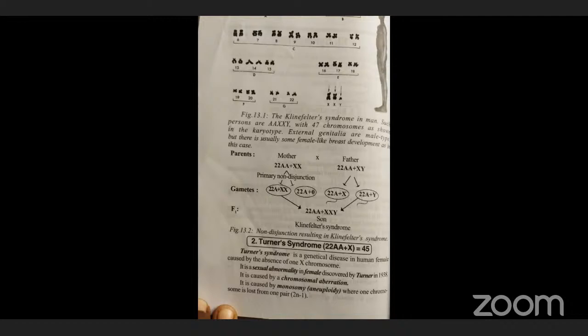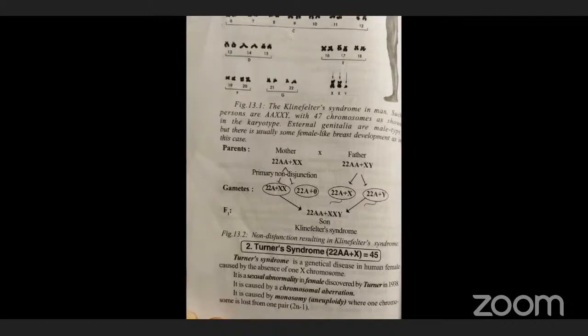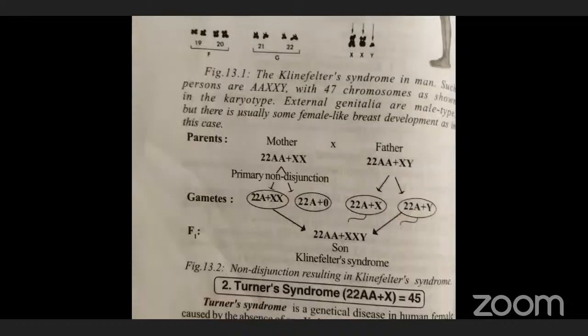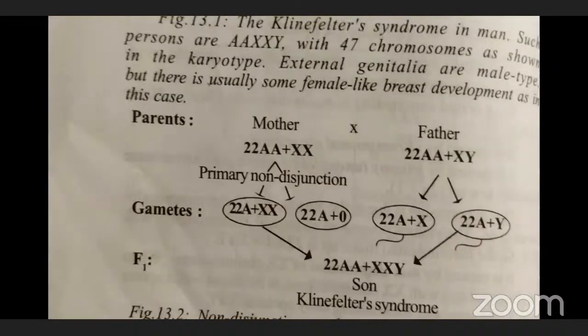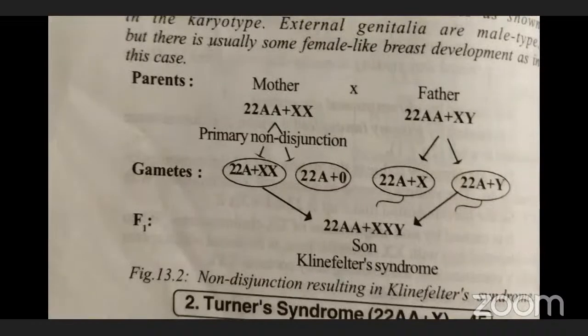Here Klinefelter syndrome is caused by the non-disjunction of X chromosomes. When the abnormal egg with XX chromosomes is fertilized by a sperm with Y chromosome, the resulting baby consists of XXY. For example, the mother has the normal 22AA plus XX, the father has 22AA plus XY.